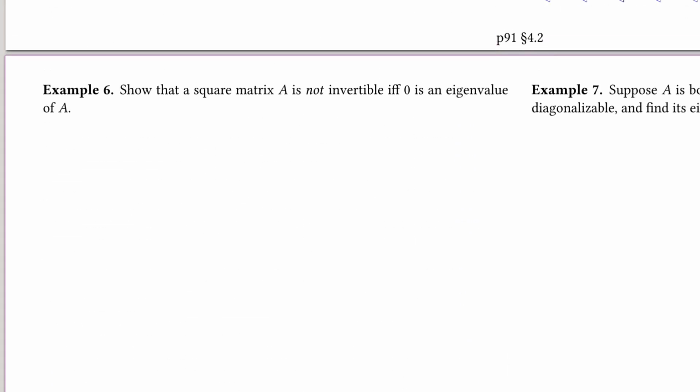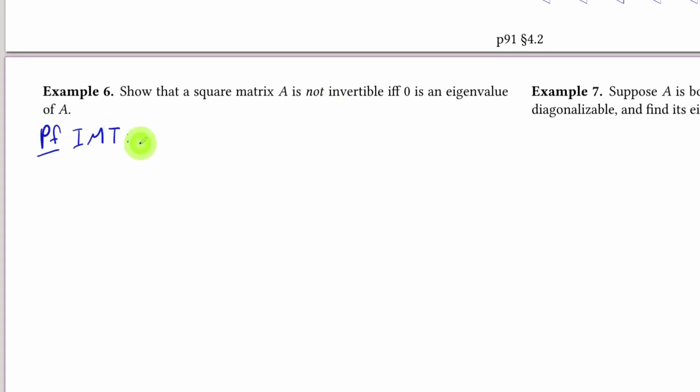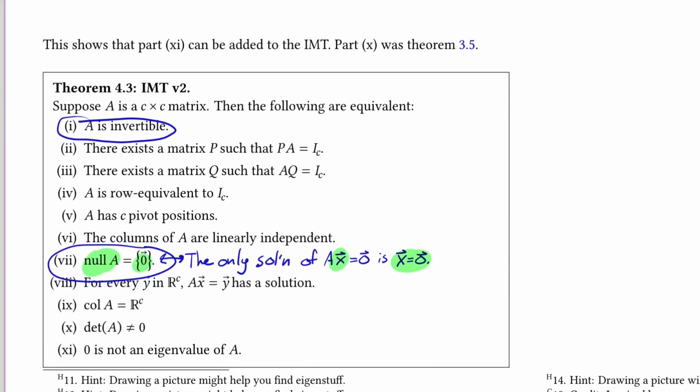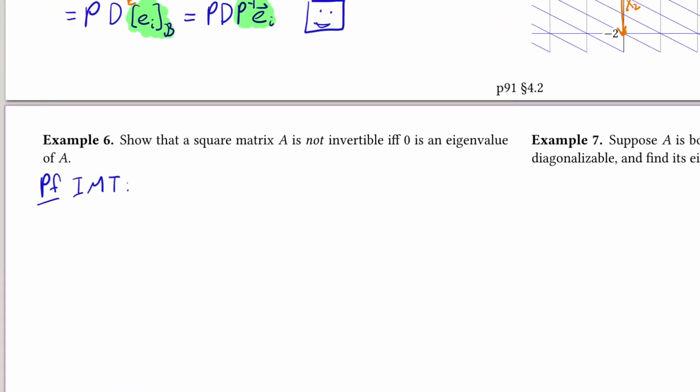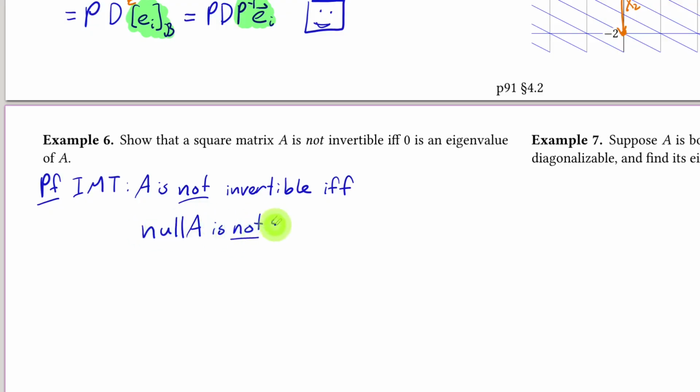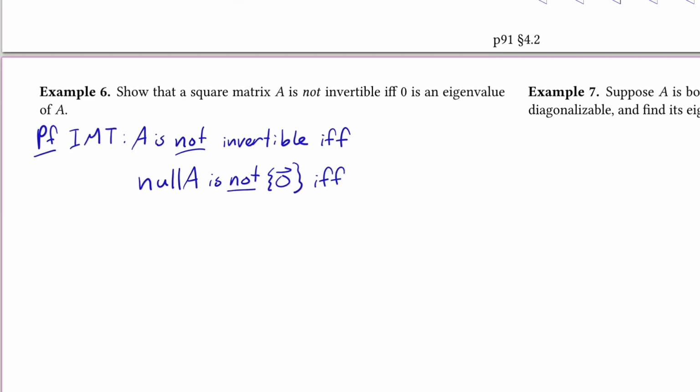So if A is not invertible, that is equivalent to the null space of A is not just the set containing the 0 vector. And another way to say that is that there's a non-trivial solution of AX equals 0.